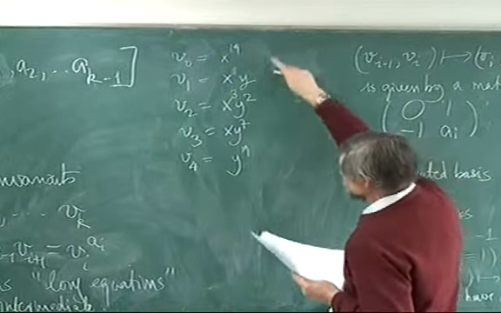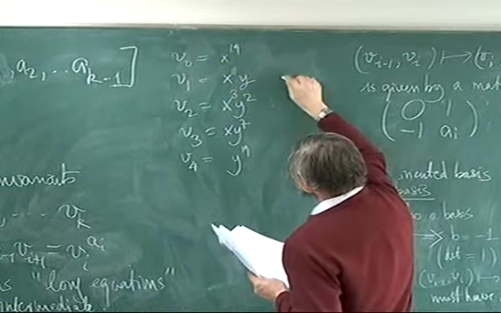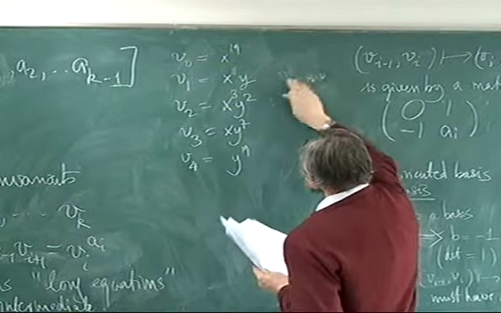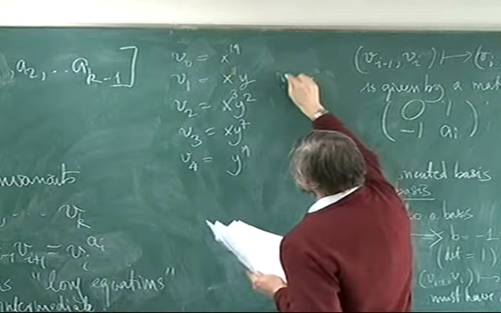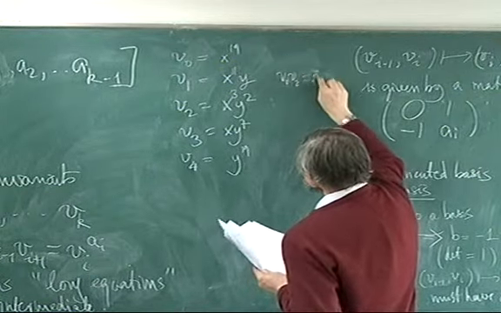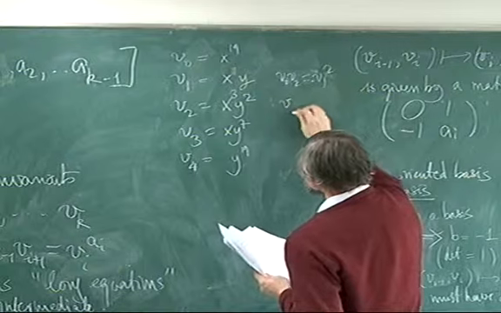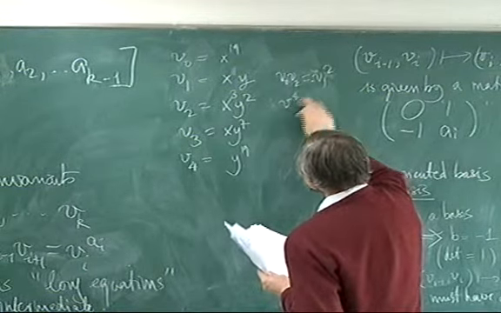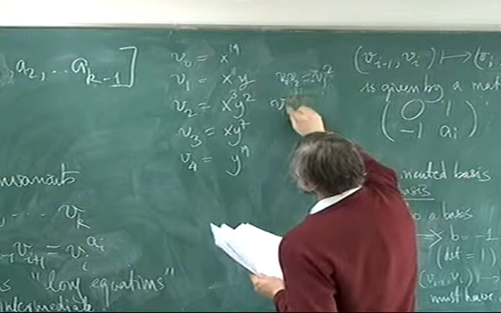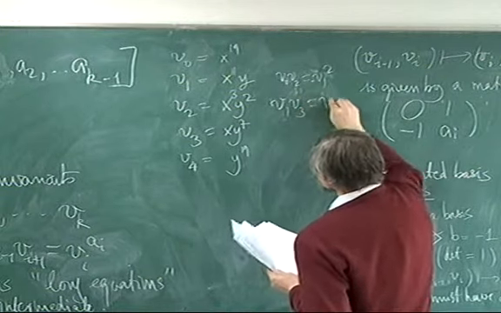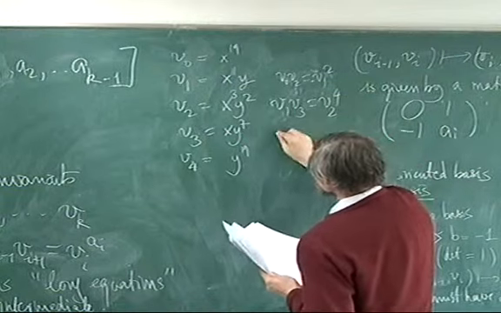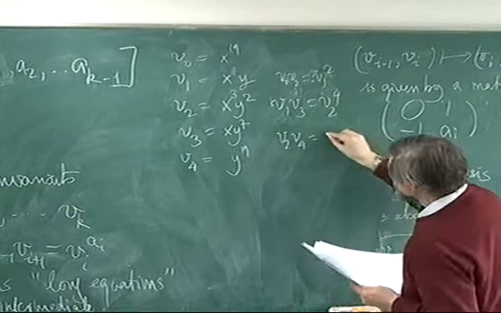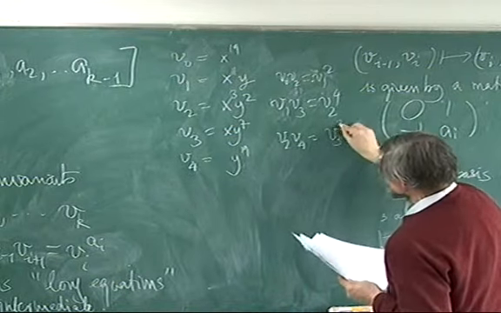Just by construction, we see the equation V0 V2 equals V1 squared, V1 V3 equals V2 to the 4th, and V2 V4 equals V3 cubed.